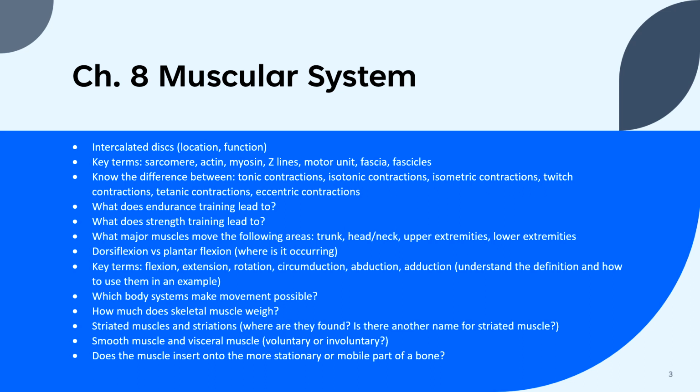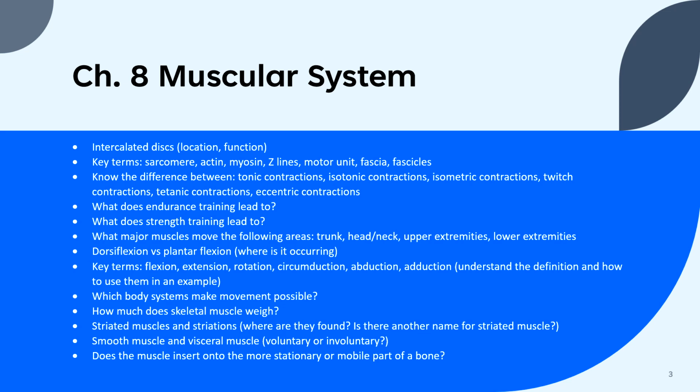An example of abduction would be to abduct a joint, for example, moving the arm to the side and away from the body. And an example of flexion would be bending the elbow, and we know that flexion reduces the angle of a joint. And that concludes Chapter 7.